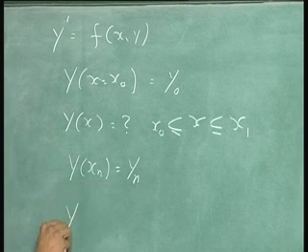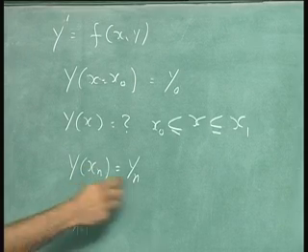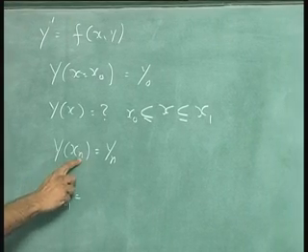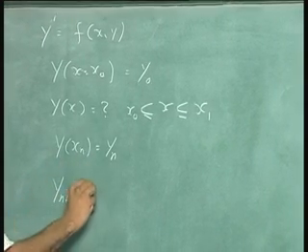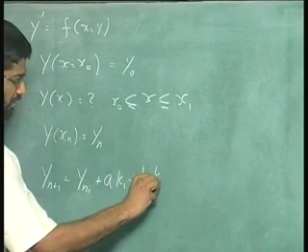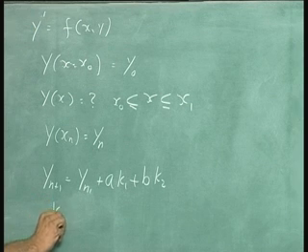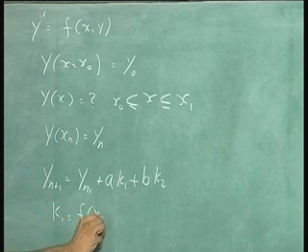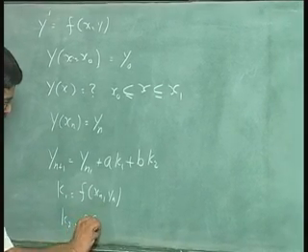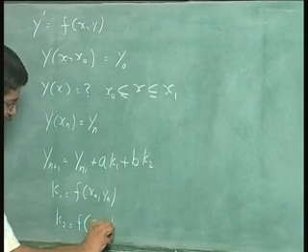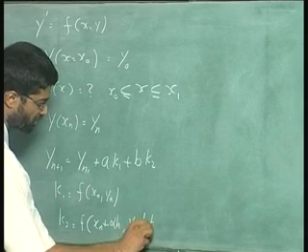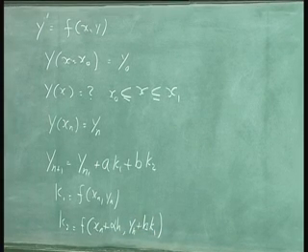Then we wrote y n plus 1, that is, the next position after xn, which is xn plus h, as yn plus a k1 plus b k2, where k1 is the function at xn comma yn, and k2 is the function at xn plus alpha h and yn plus beta k1.